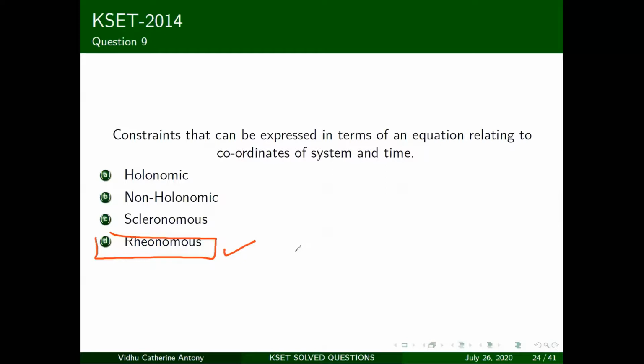They've said equation relating to coordinates of system and time, so this word equation is particularly important here. So you have an f of q, t equal to 0. I'm just writing one q, but take that as for n number of q's. This kind of equation relating coordinates of system and time is called holonomic. So it's going to be option A.